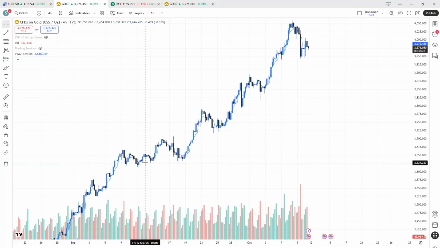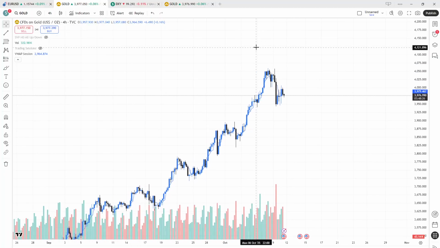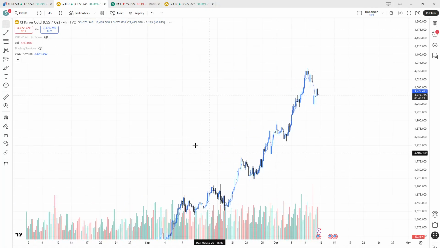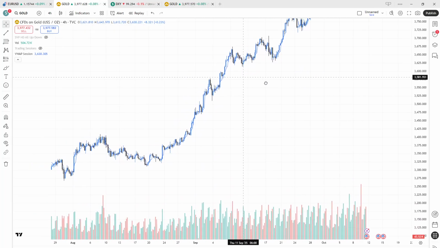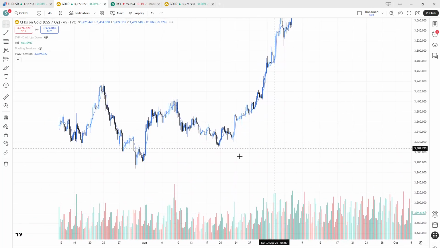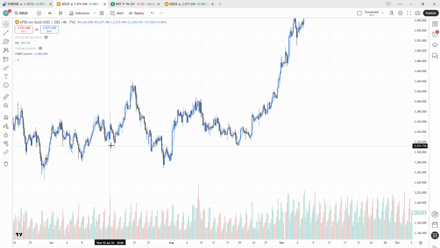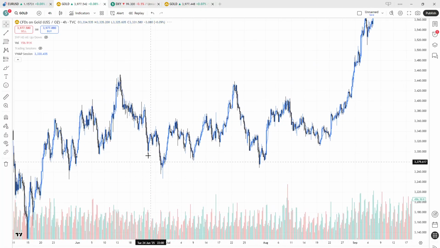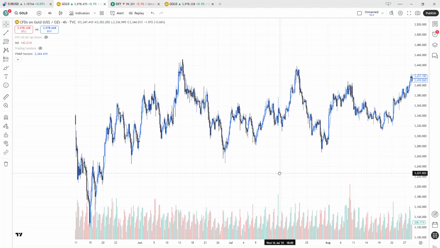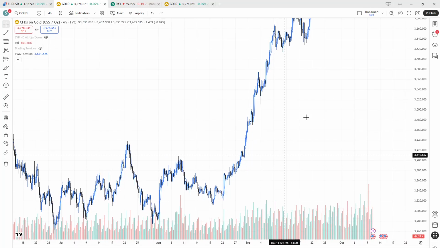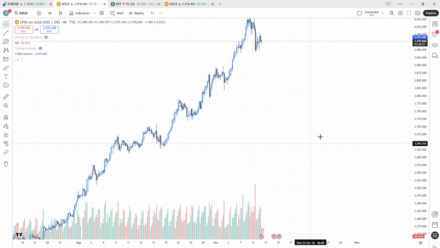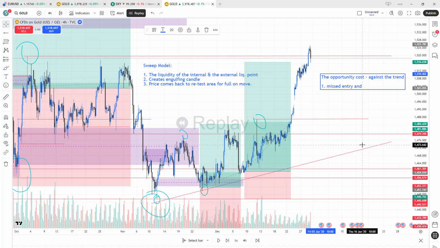It's not giving us anything as far as the sweep model goes, and it's just trending like crazy, right? I'm not even sure what's going on with this. All right, let's continue.